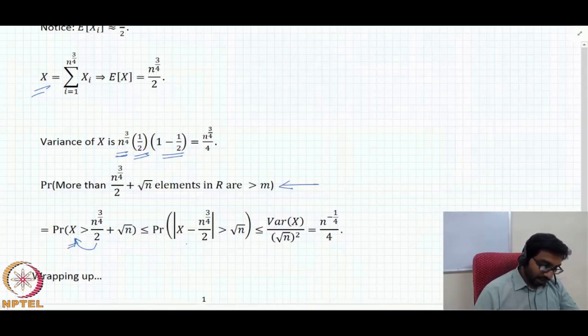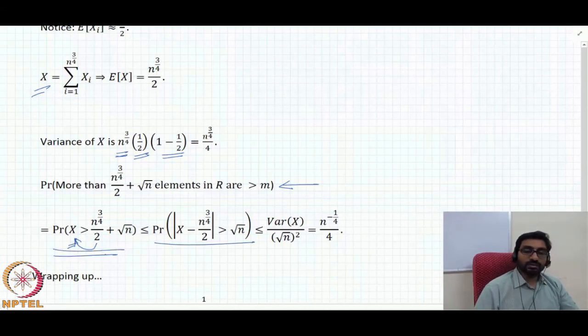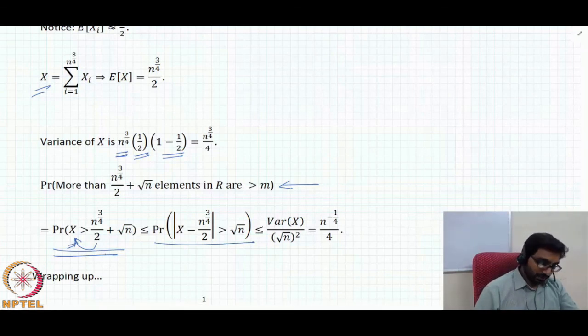The probability that the absolute value of the difference between X and n to the 3/4 divided by 2 is greater than square root of n has greater probability than the event that we are actually interested in. So that's good. We want an upper bound on the probability of the bad event. And now it's in a form with which we can apply Chebyshev's inequality.